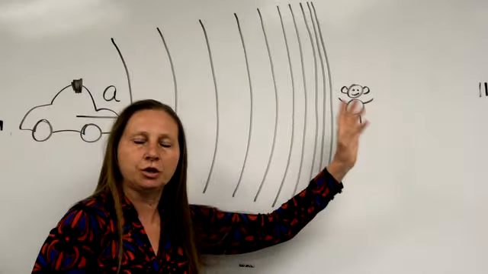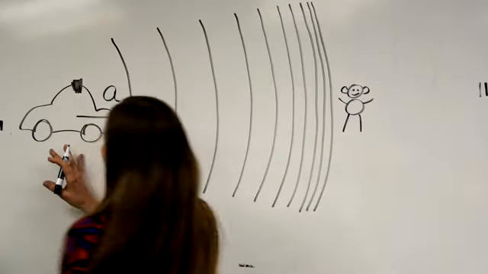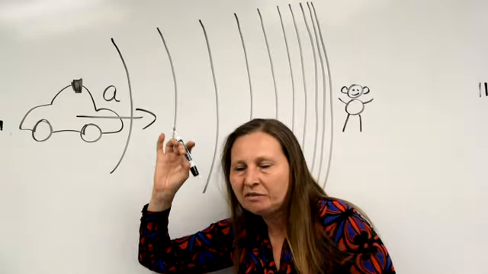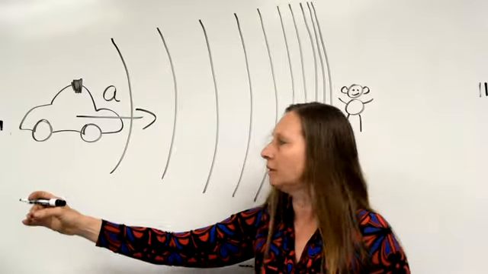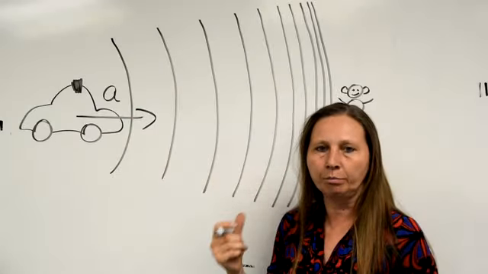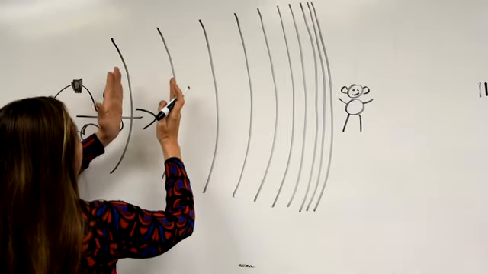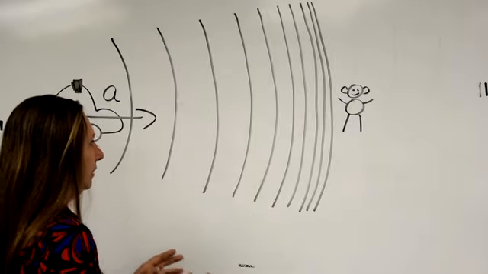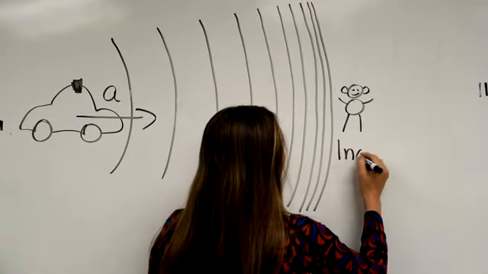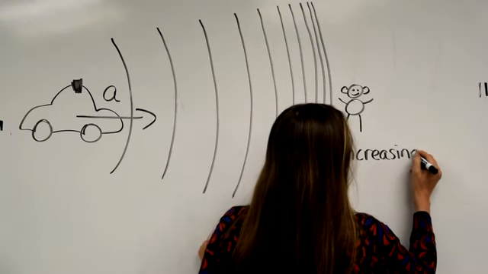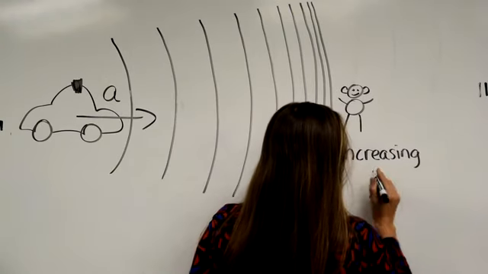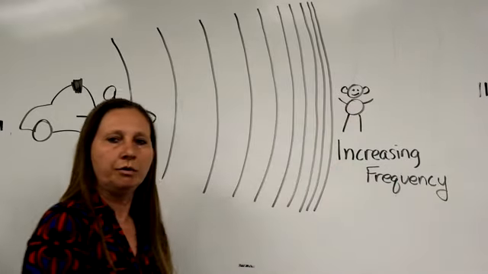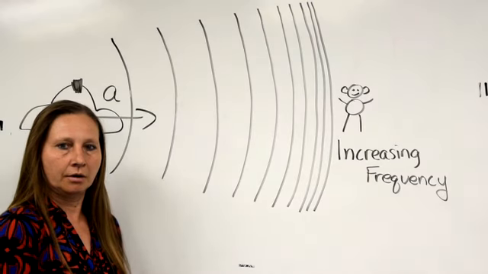What is this person going to hear when the police car starts far away and is going faster and faster and faster as it moves toward the person? This is low frequency. The frequency is getting higher and higher and higher. So this person hears an increasing frequency.